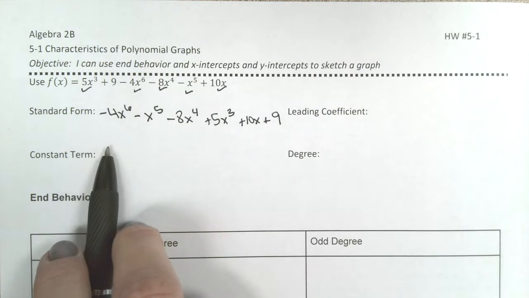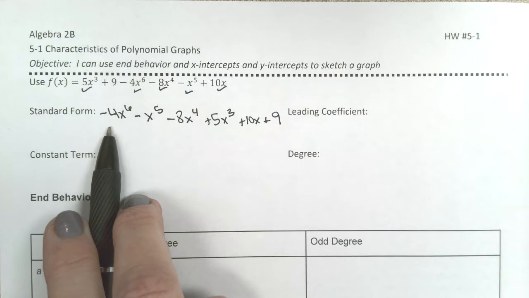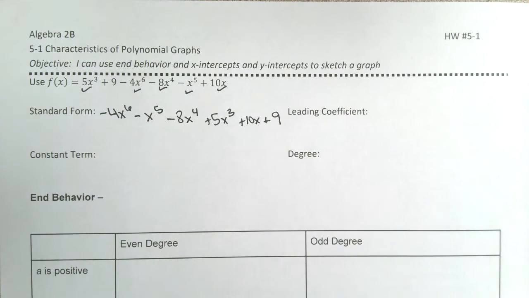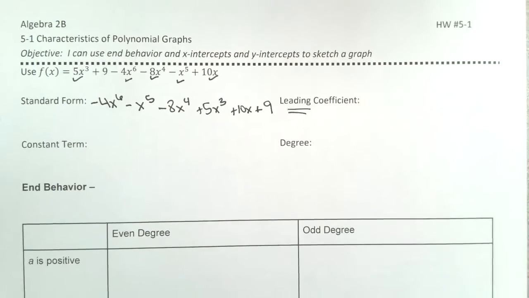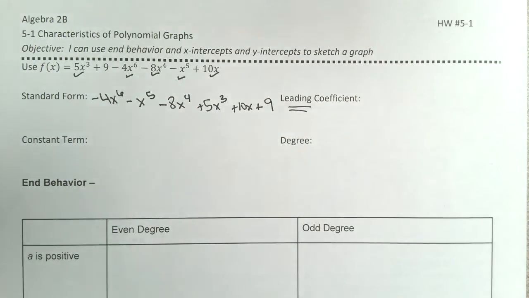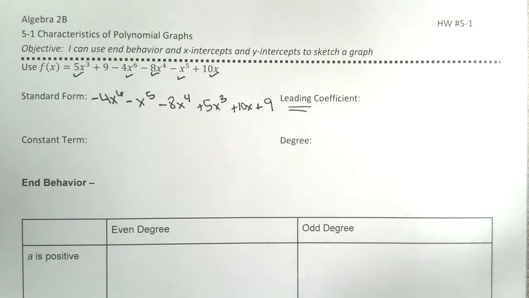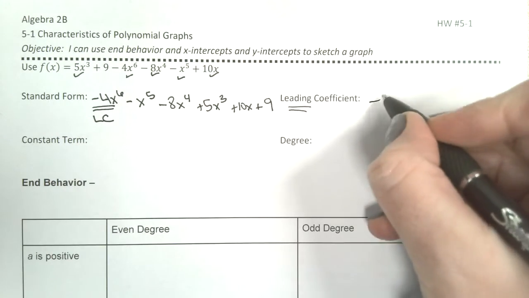So before you can start to tell what your graph looks like, it has to be in standard form, and that means your exponents go in descending order. Leading coefficient. Think about when you wanted to be the line leader when you were in kindergarten. Where was the leader? The leader was always at the front of the line. So the leading coefficient is -4.